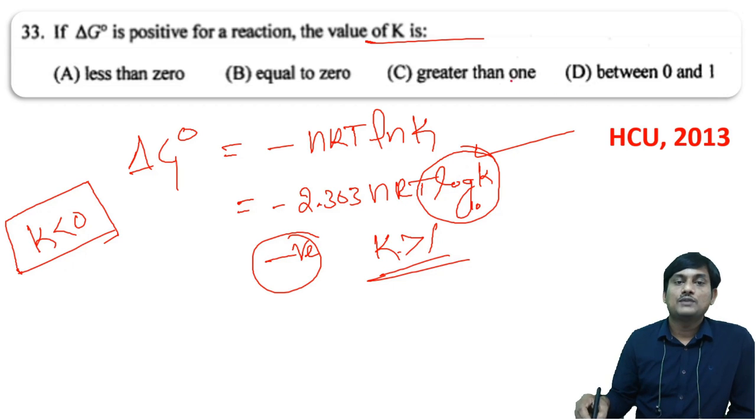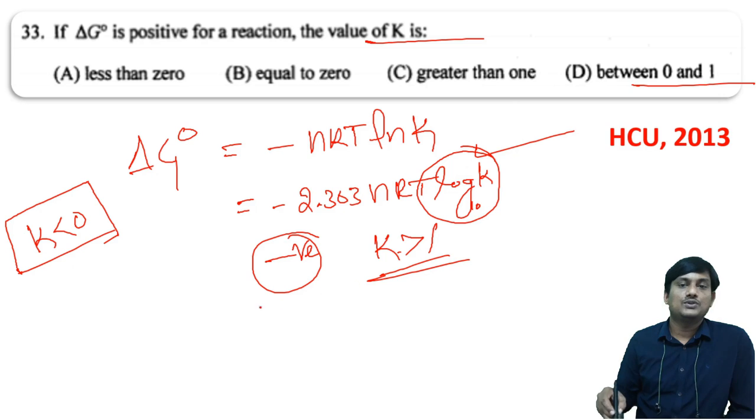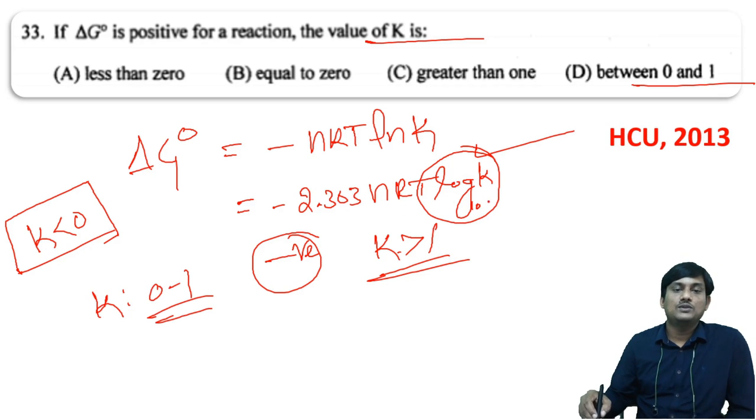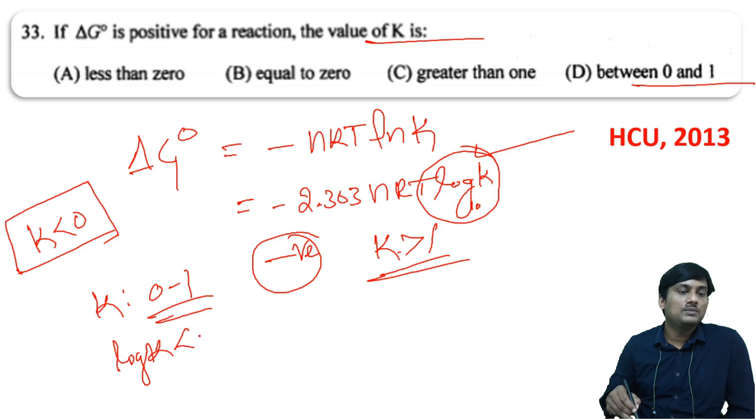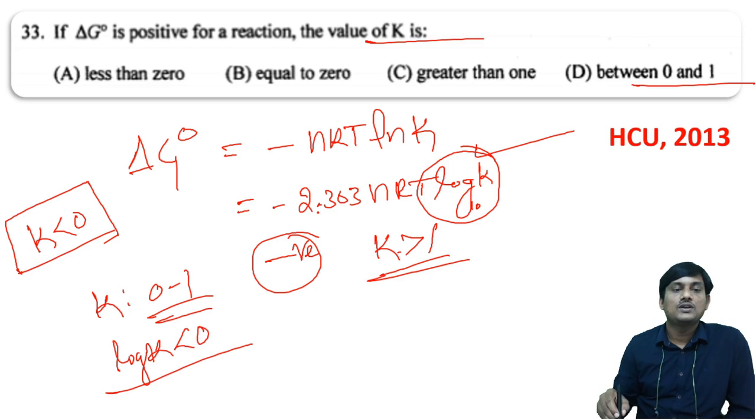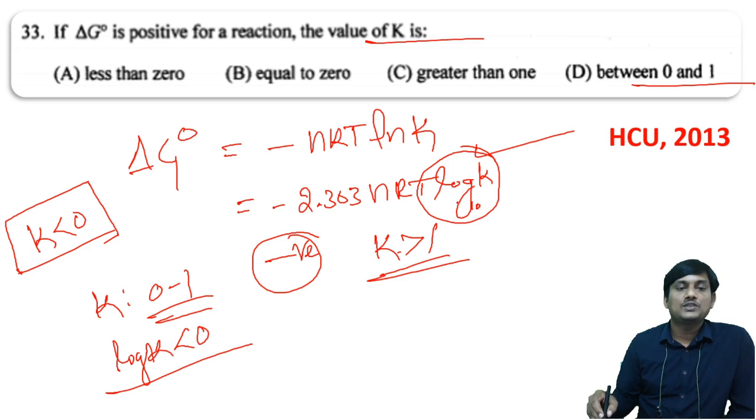Suppose the value is in between 0 to 1. Let us take k in between 0 to 1, then log k will be less than 0, means it's a negative term, negative of negative, it will become positive.